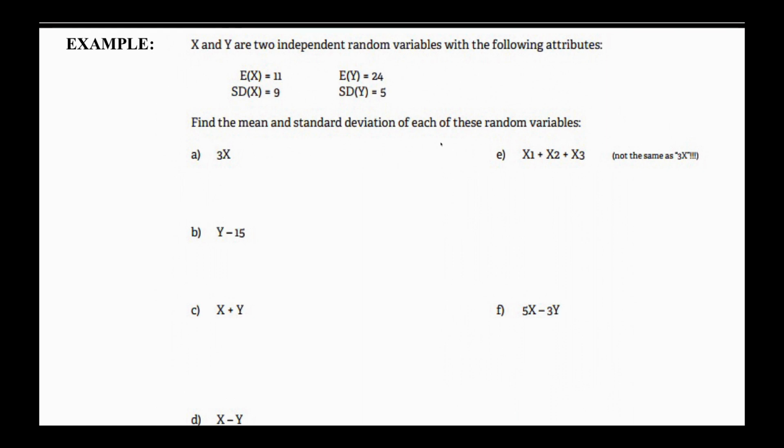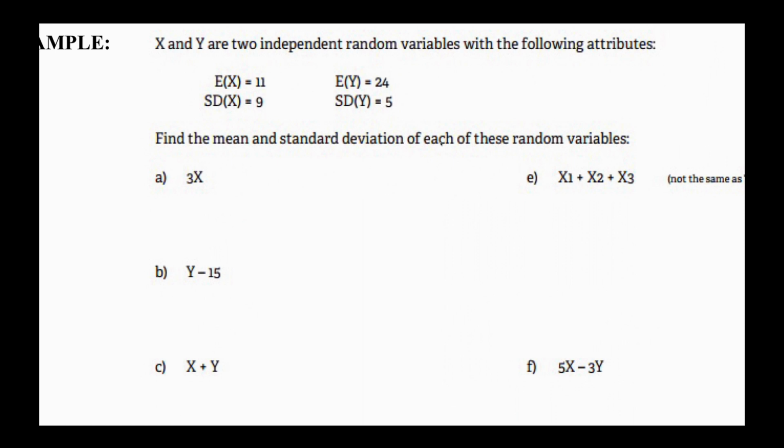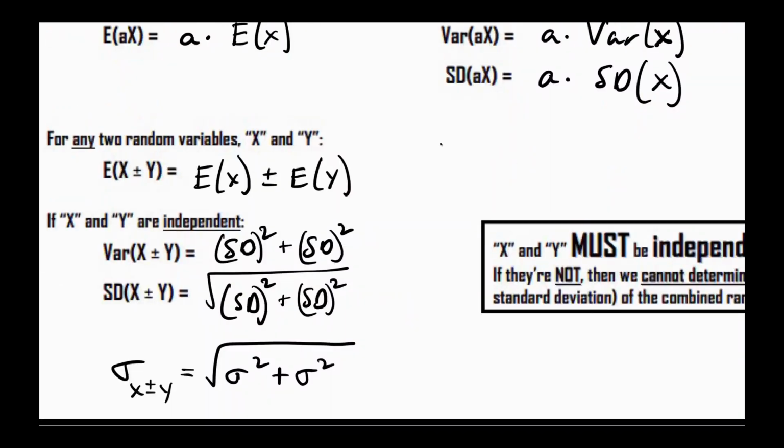So we have to answer these. What would the mean and standard deviation be if I took all of the X values and tripled them? So took the X table here and tripled each of them. That's a scalar.